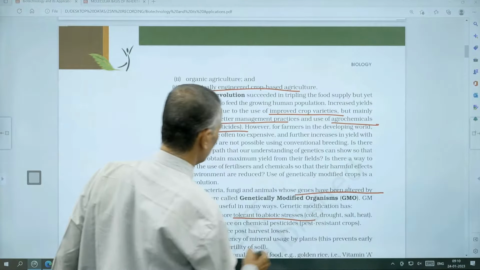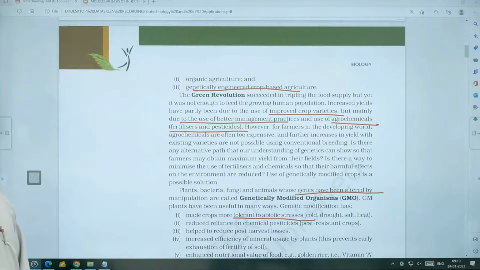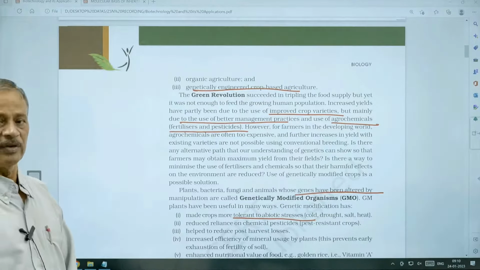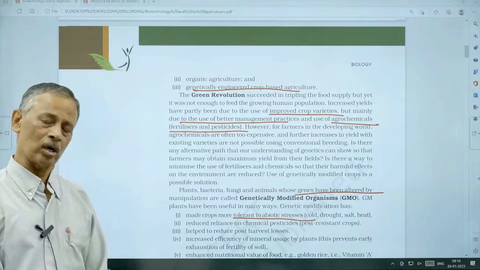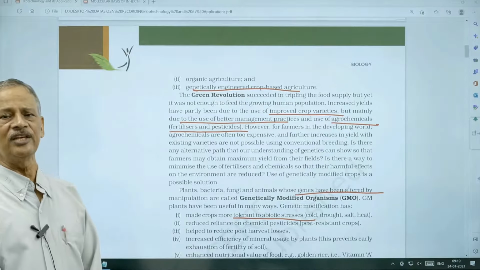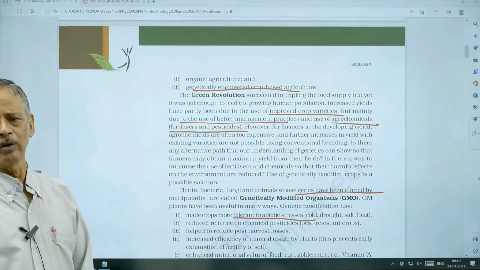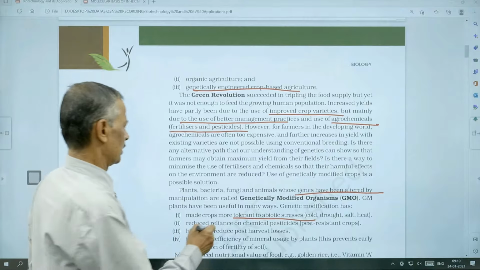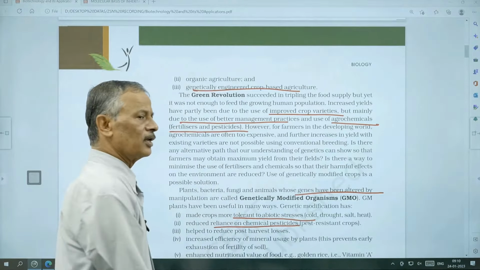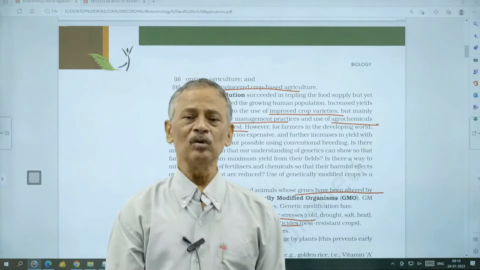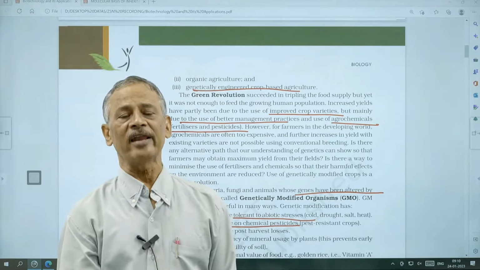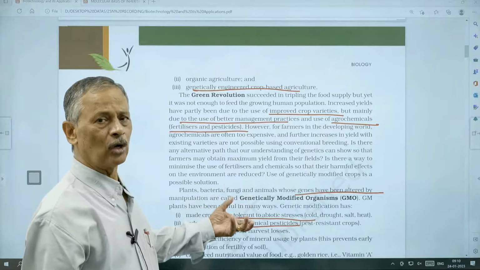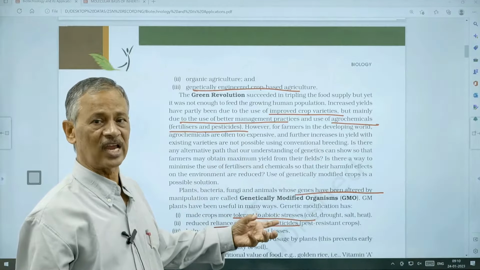These GMOs will have more tolerance to abiotic factors. So even if there is more drought or more flood or salinity in the water in which they are grown, no problem. They are tolerant. No damage will occur. They will reduce the use of pesticides and fertilizers, so that we are not using any pesticide or fertilizer.